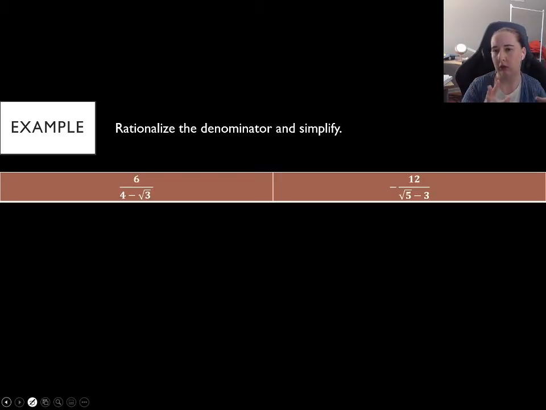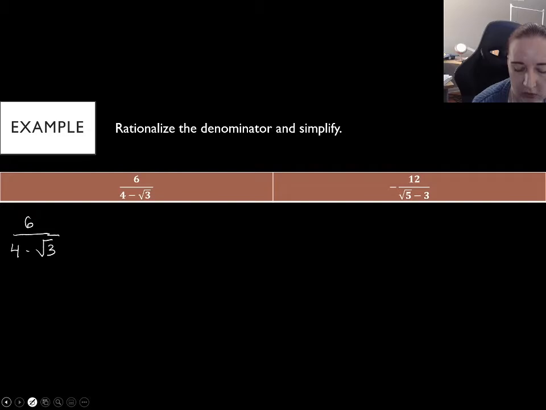So we'll start with the left. We've got 6 over 4 minus the square root of 3. So the conjugate is of the denominator. So we have 4 minus the square root of 3, you multiply by 4 plus the square root of 3.